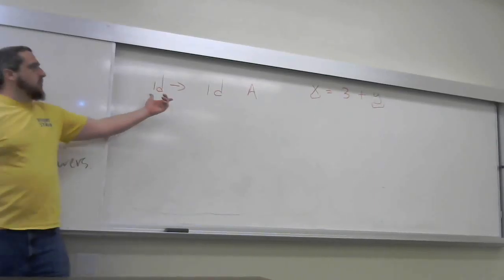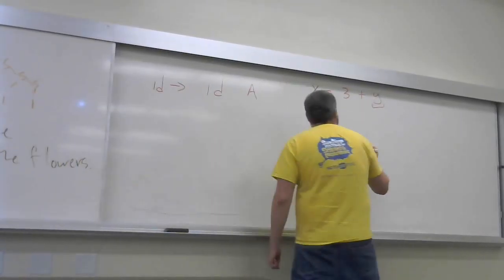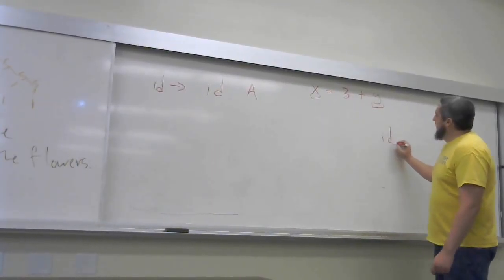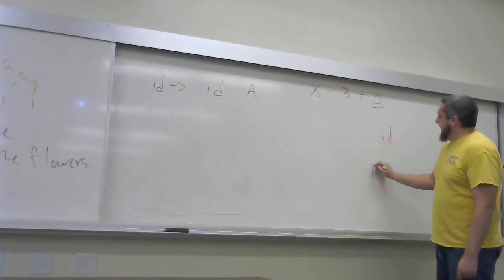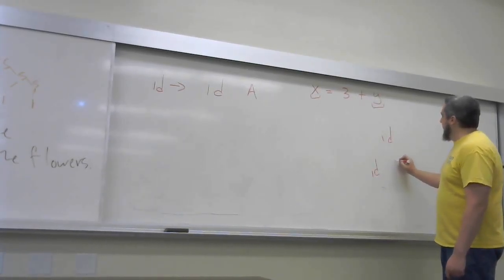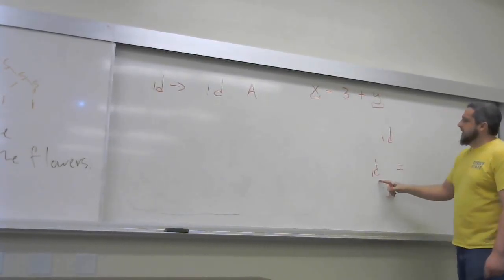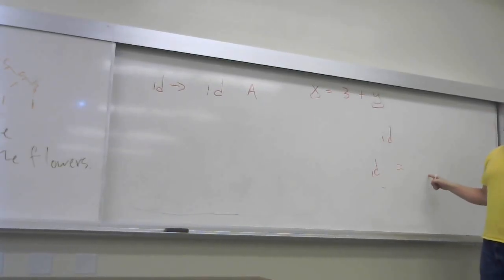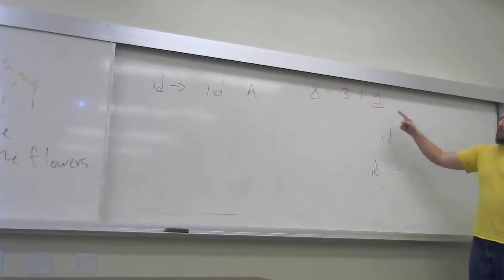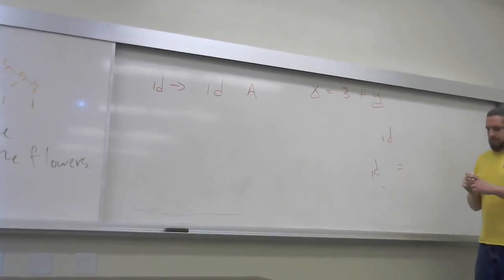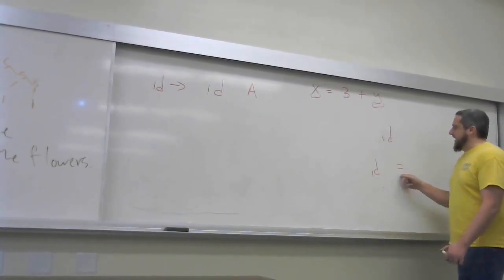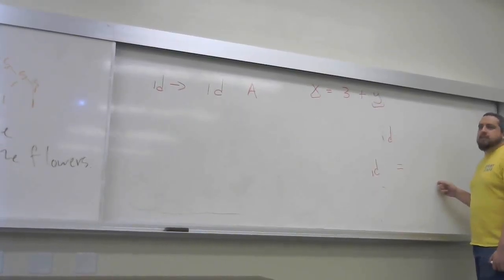So if this was the first rule we had, if I started with ID and I did this, I would get ID and the assignment operator, so an equal sign. Can I get anything to the right of the assignment operator here? That wouldn't be able to validate this part here, because I'd have the ID with nothing to the right of the equal sign.